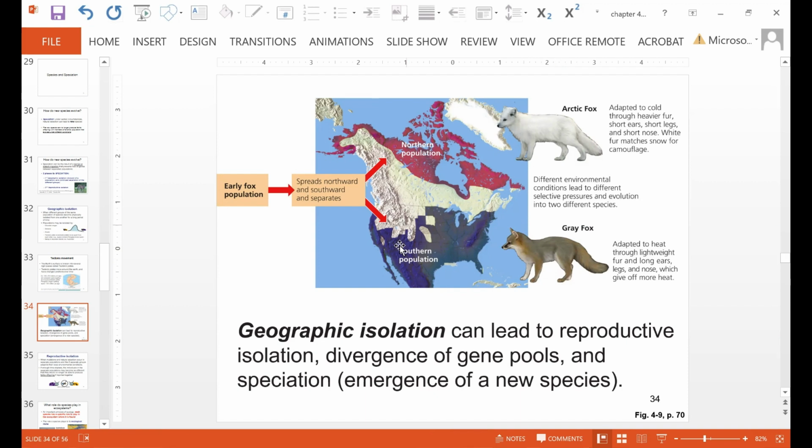So by the two different populations living in different environmental conditions for so long, it led to two different species. So now we have the Arctic fox and the gray fox, both of which came initially from an earlier fox population of a different species.